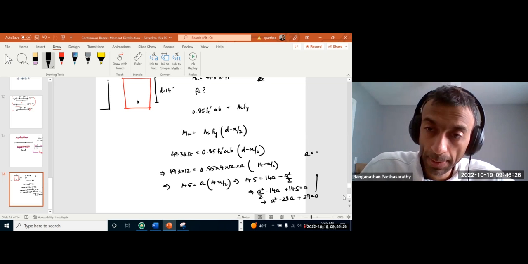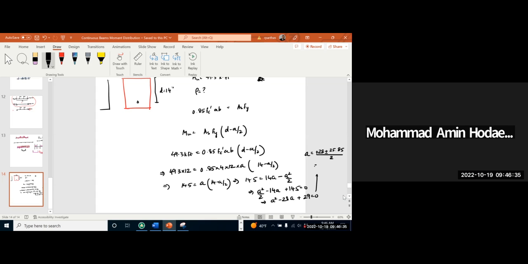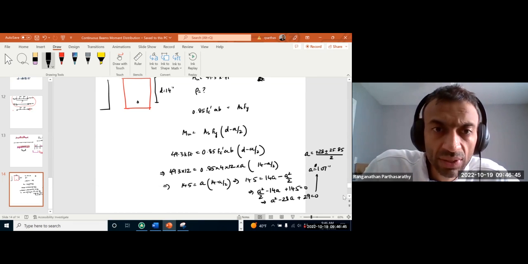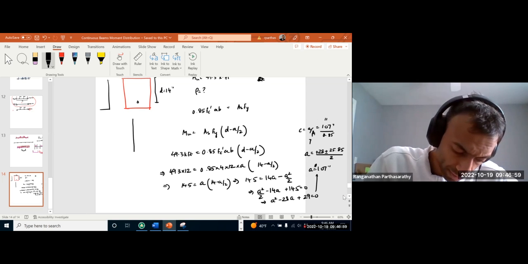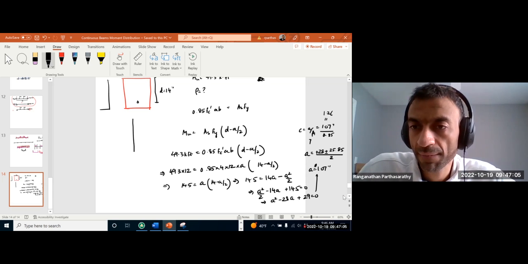It would be 26.92 and 1.07, so a is 1.07. That is our answer. Now we have the c value, which is a by beta 1. That is 1.07 by 0.85, which is 1.26 inch.